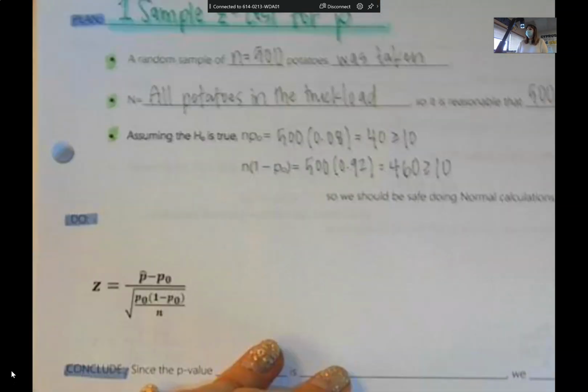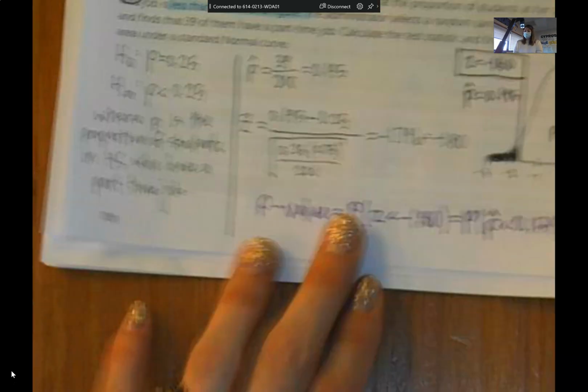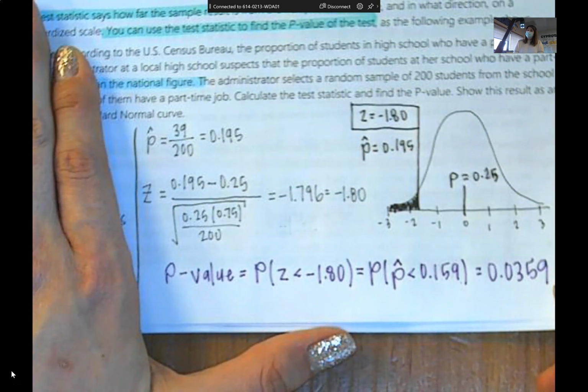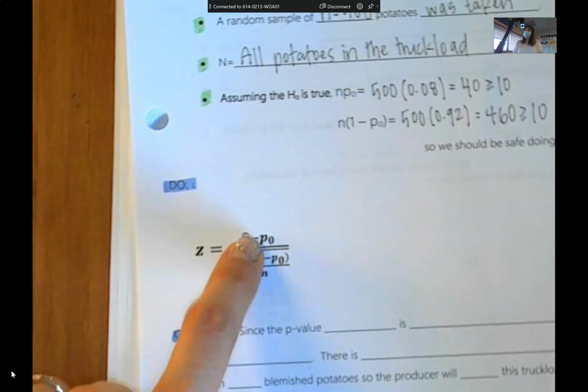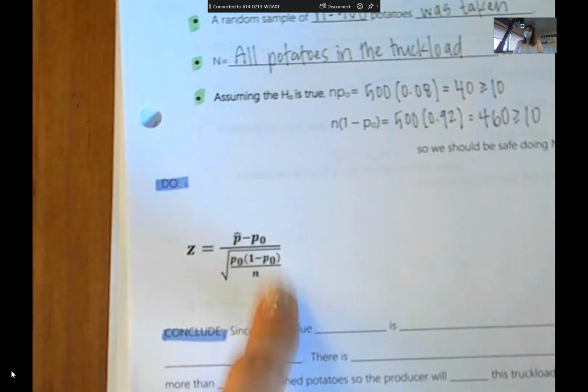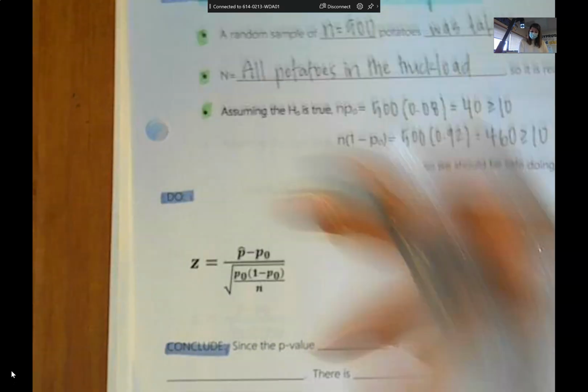So now our last step is the do portion, and that's exactly what we did here. The do portion is this part. So we need to know P hat, because we know P from the null and we know sample size. So what we need to have here is P hat.